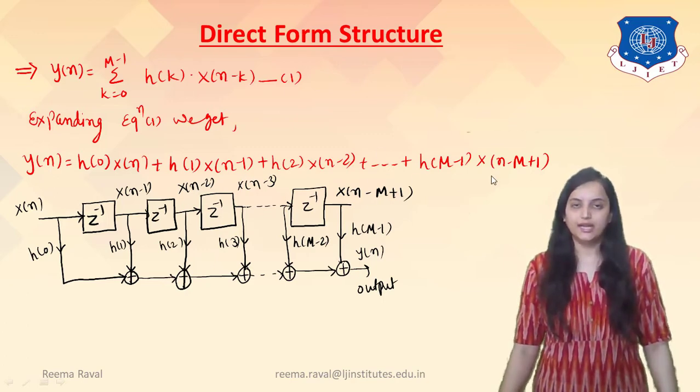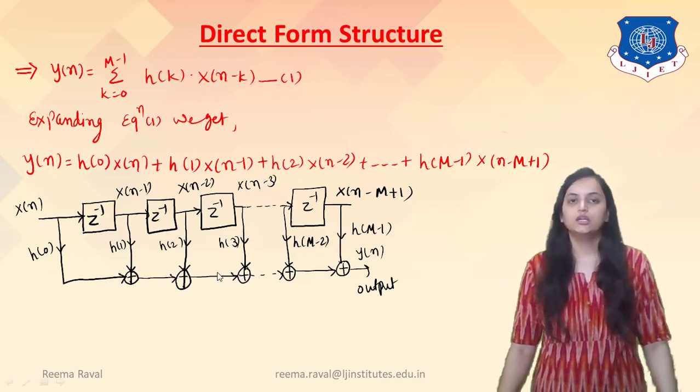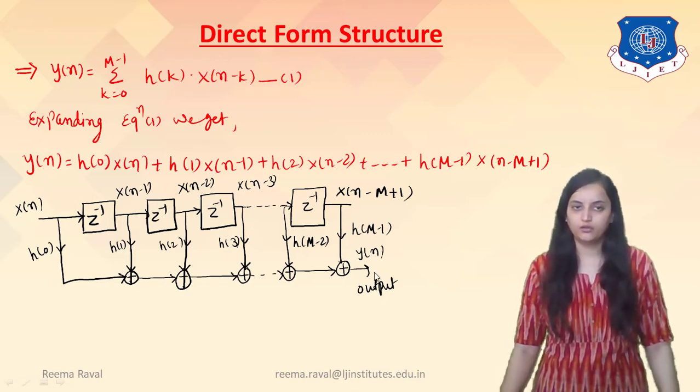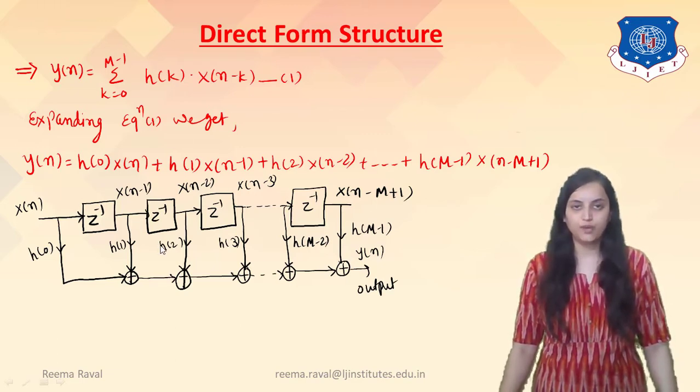Now if you want to realize the direct form structure of this equation, this is the structure which we call direct form structure. That means here at the input side, input is x of n and output is y of n. Now here we are using the delay elements z raised to minus 1, that means delay blocks.